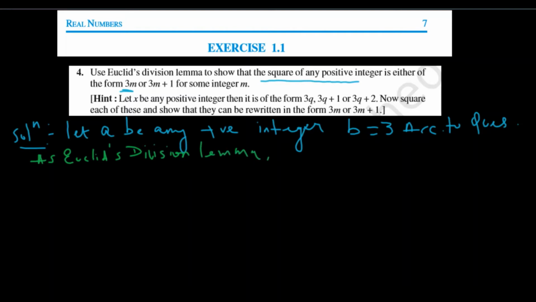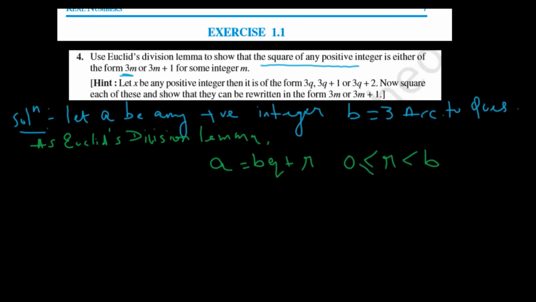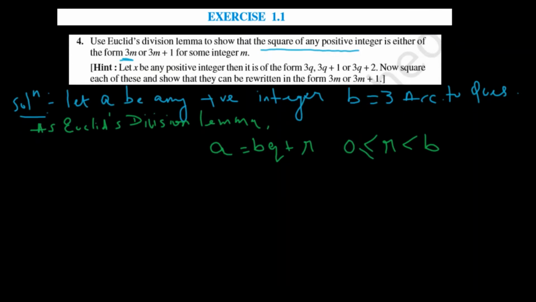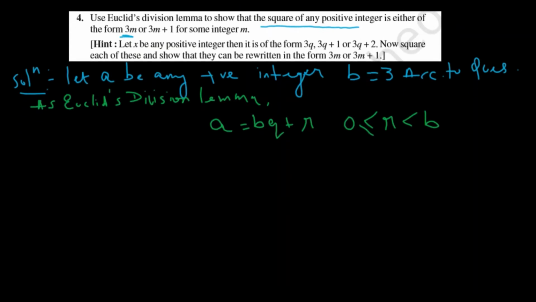We know the equation as a equals bq plus r, where r can be less than b but greater than or equal to 0, and hence we can write the possible values of r as well.